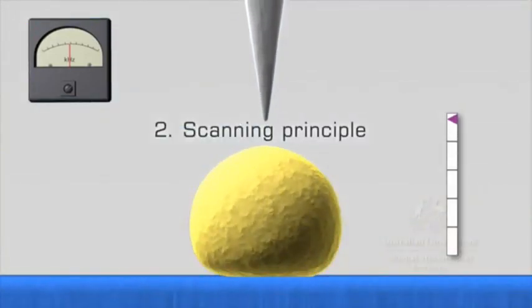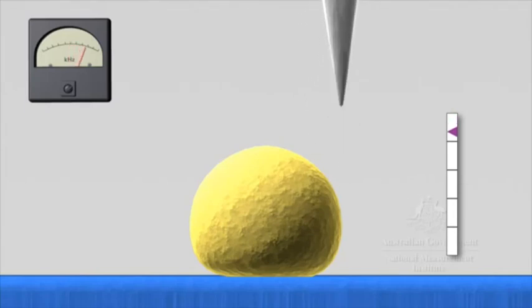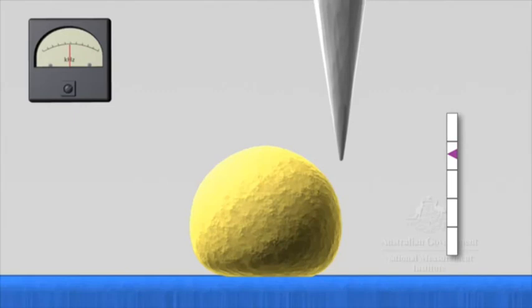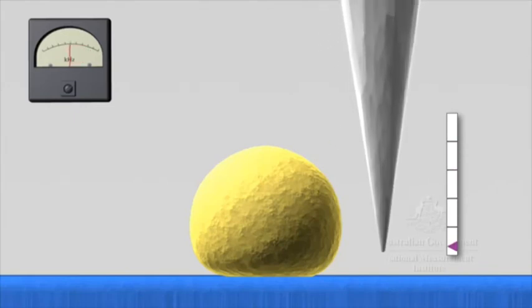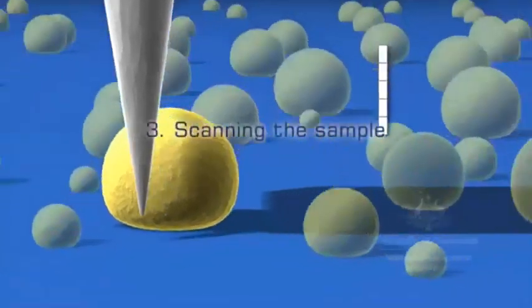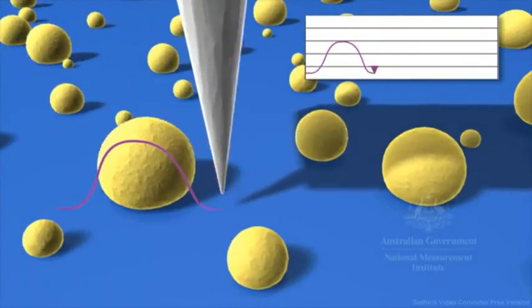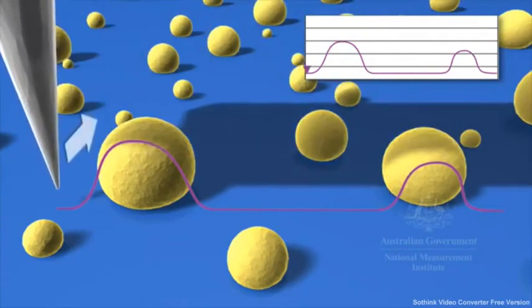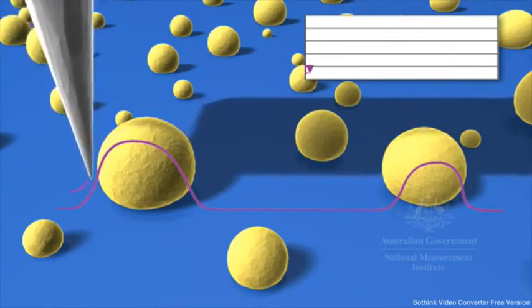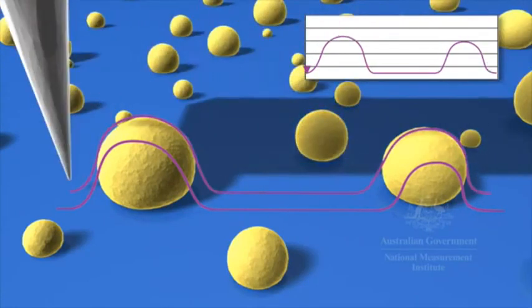2. Scanning principle. If the tip is scanned across the sample, the tip height is adjusted by feedback to keep the cantilever vibration at the set point and the distance between the tip and the sample constant. 3. Scanning the sample. As the tip is raster scanned across the sample, the tip height is adjusted to keep the cantilever vibration at the set point, and so the tip follows the topography of the sample.